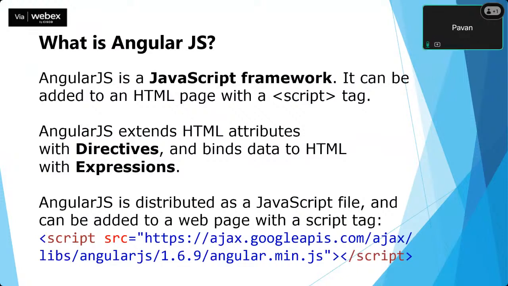Next, AngularJS is distributed as a JavaScript file and can be added to a web page with a script tag. As I said before, to add or enable AngularJS in HTML, we add a certain file, as you can see here, using this URL which is present in the source.